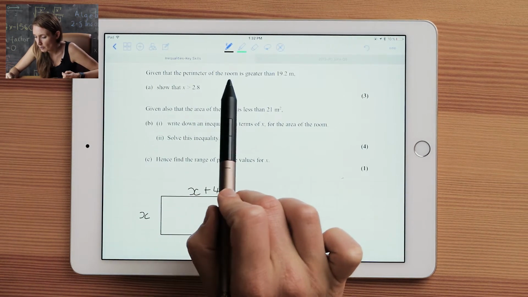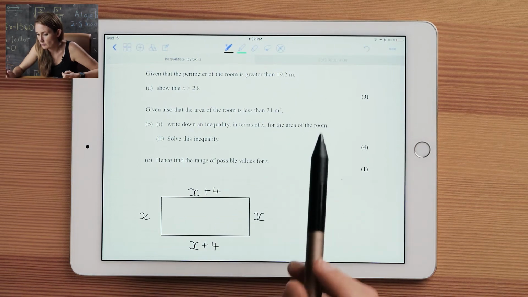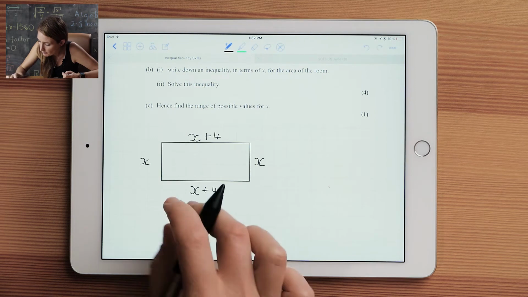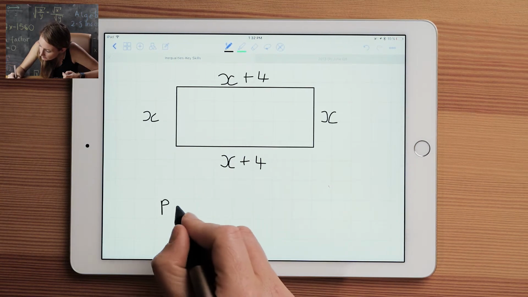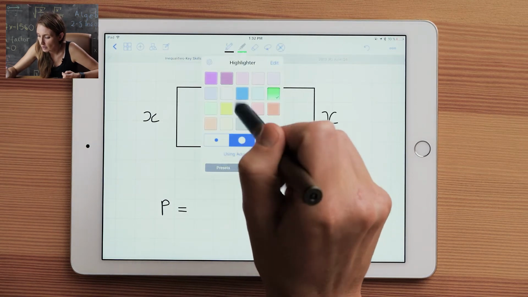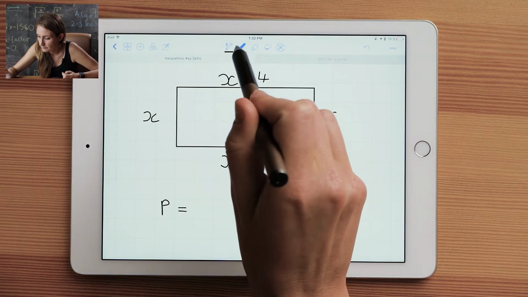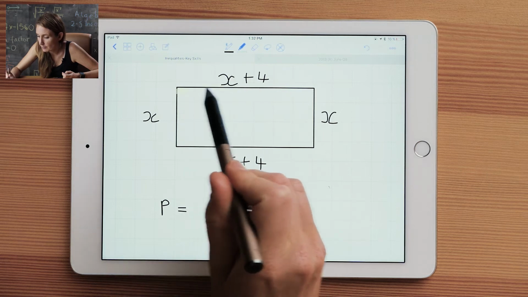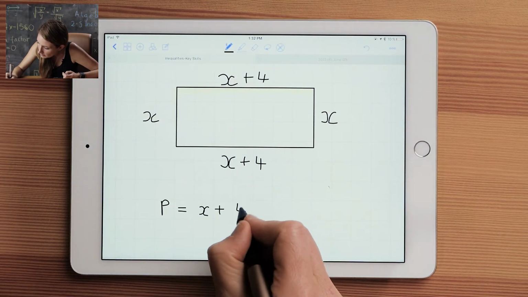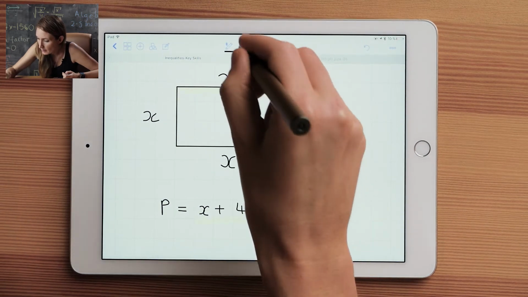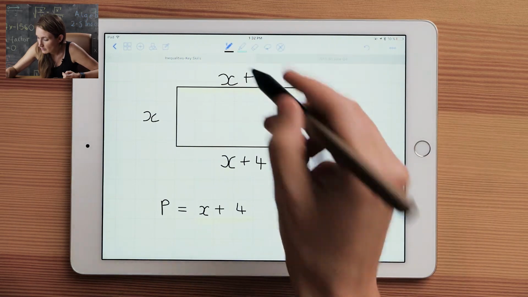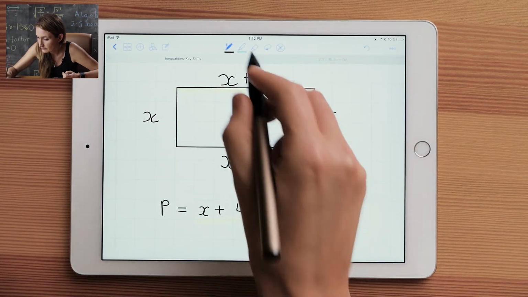Given that the perimeter of the room is greater than 19.2, well, let's start by working out what is the perimeter of the room. The perimeter of the room is all of the sides added together. So if I take a different color and I add up this side, well, that's x plus 4. And then I add up this side, well, that's x.